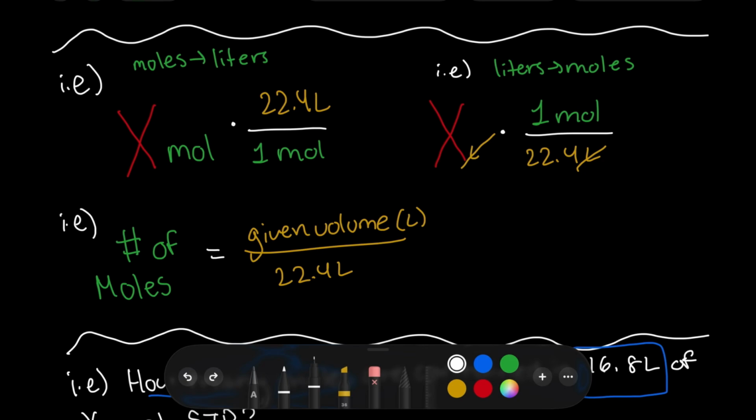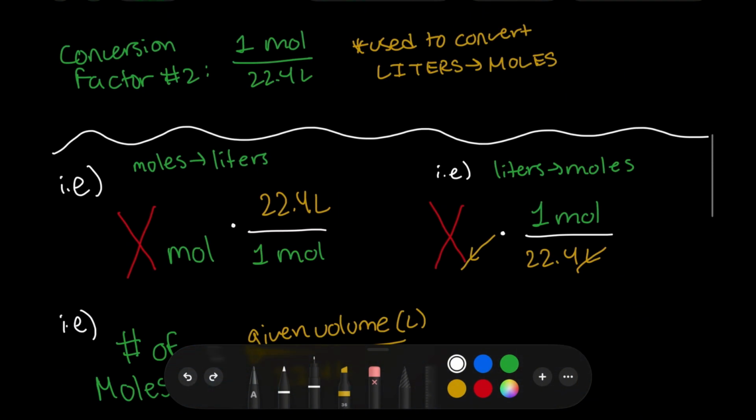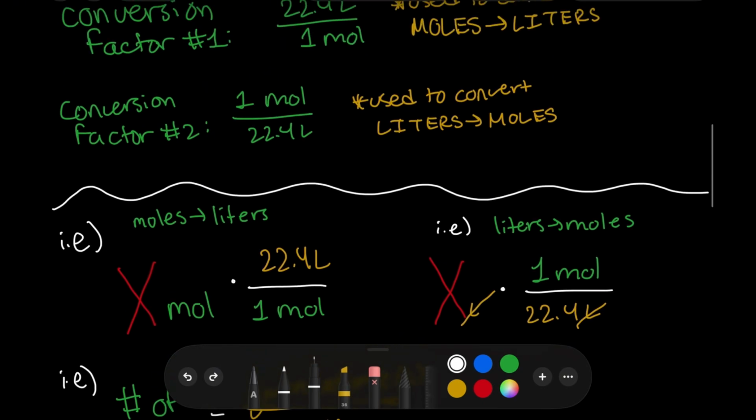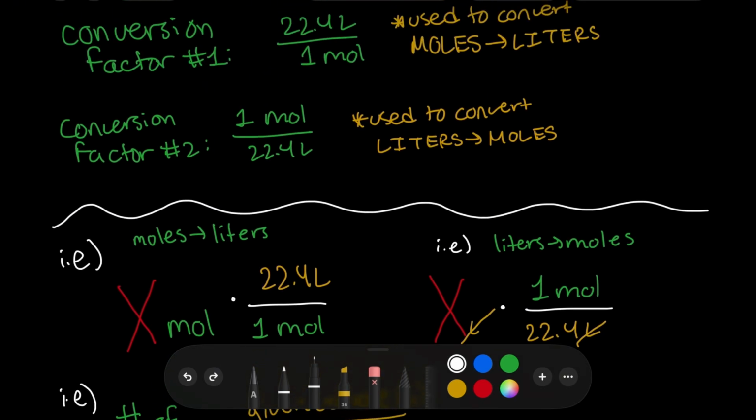And whenever you're converting liters to moles, you want the liters to be in the denominator in order for them to cancel out. So if you forget, just remember there's 1 mole in 22.4 liters and vice versa.